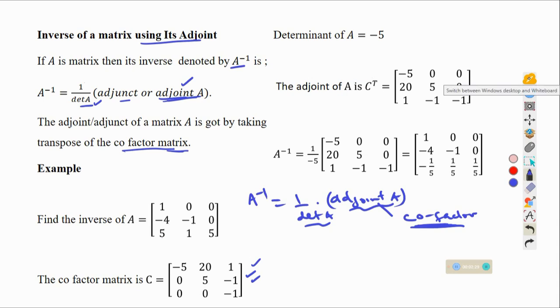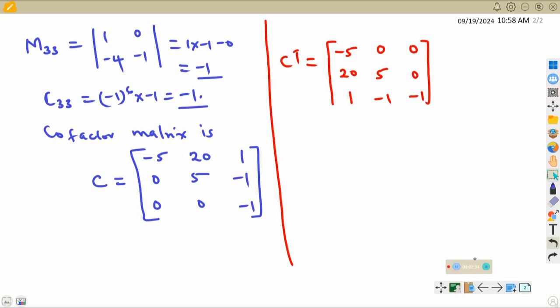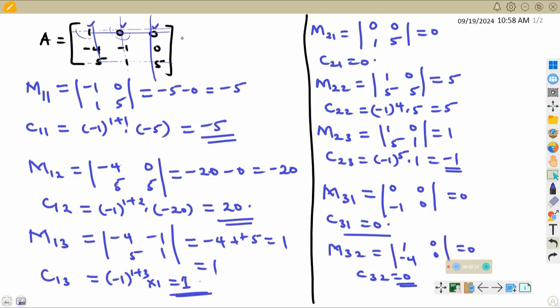To recall, we have our matrix A, and we need to get its cofactor matrix. First you need to know the minors of each of the entries. Then after the minors, you can get the corresponding cofactors. That is what we have done here, and the whole process has been summarized below.